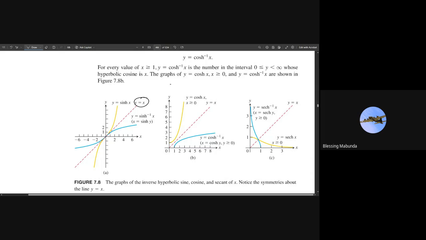You can just put a string on a piece of paper and then flip it about the line y equal to x, as if it's coming towards you, and then you will get something like this here.